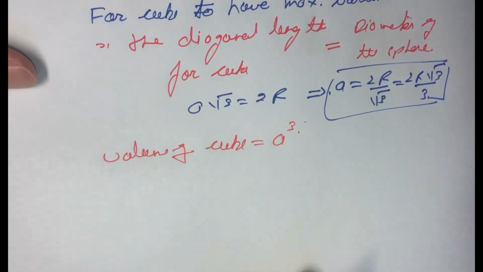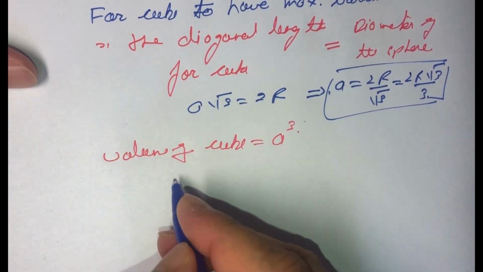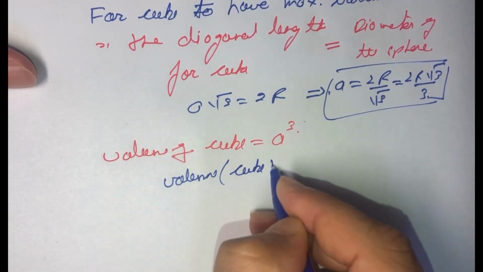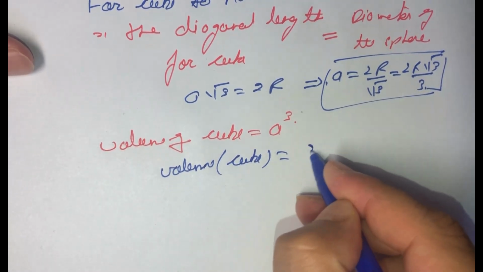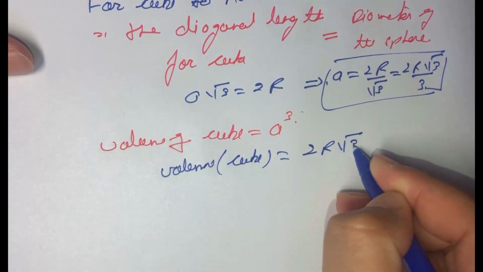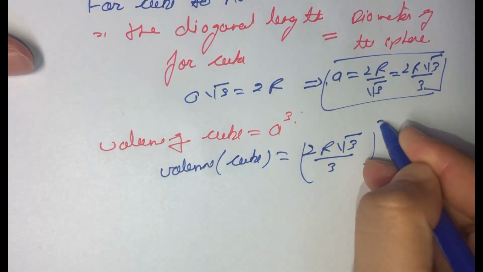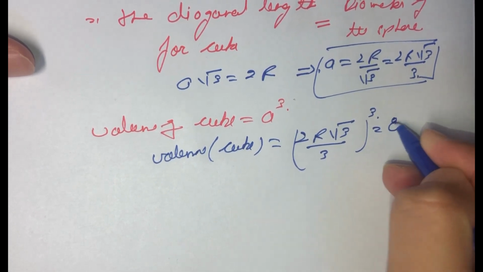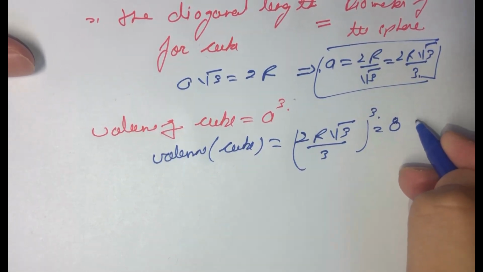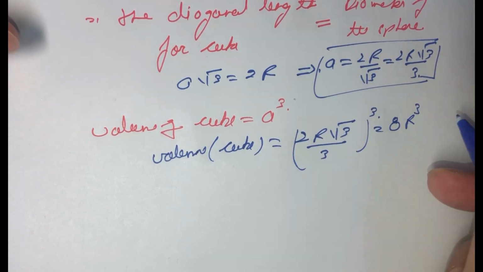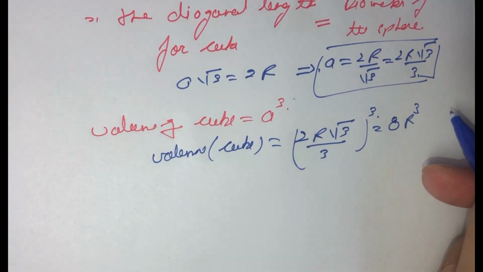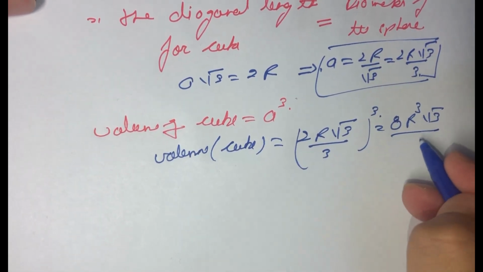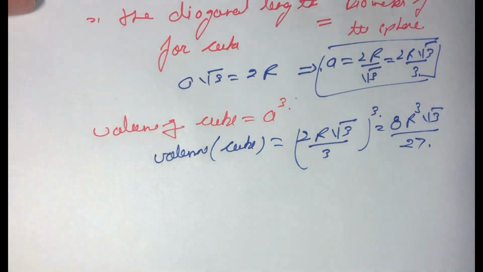Now using this relationship, volume for cube will be equal to 2r square root of 3 divided by 3 and its whole cube, which will be equal to 8 r cube square root of 3 divided by 27.